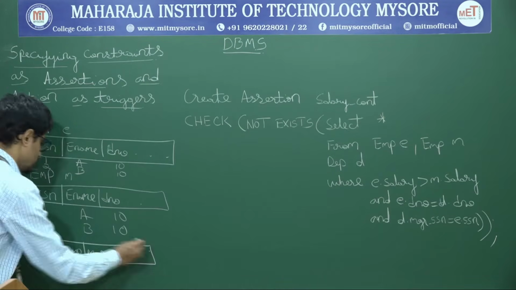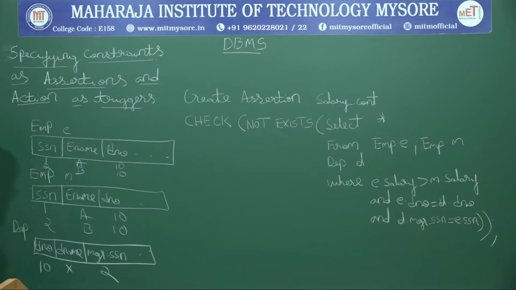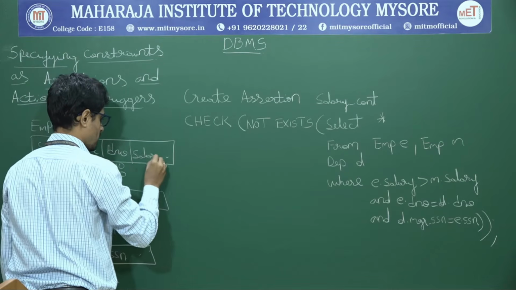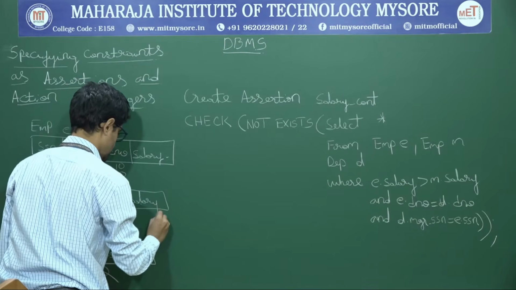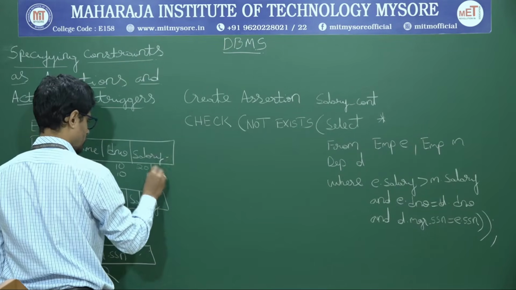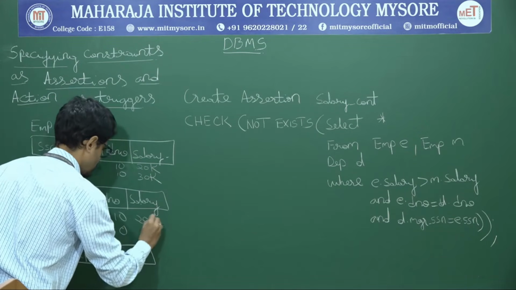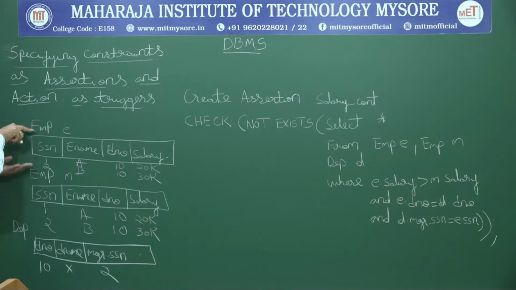Okay, and so on. So department number 10, department name X, MGR SSN 2, and we also want the salary here. So 1 as 20k, 2 as 30k, 20k, 30k.